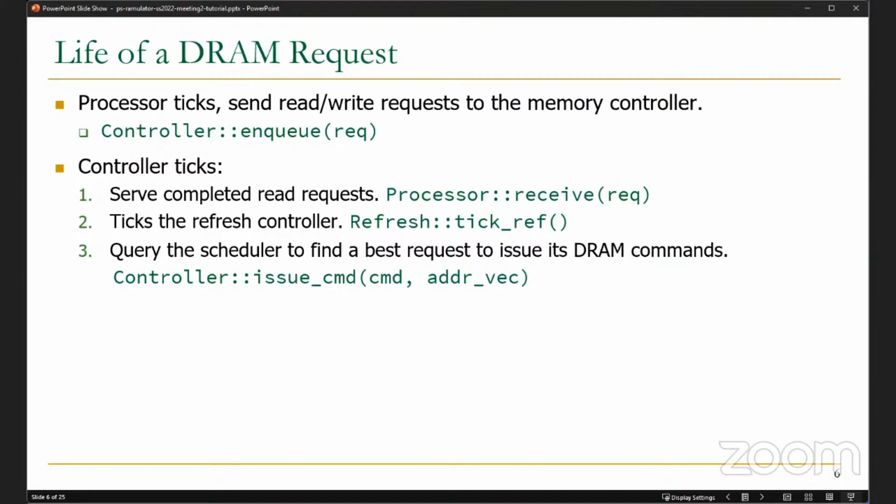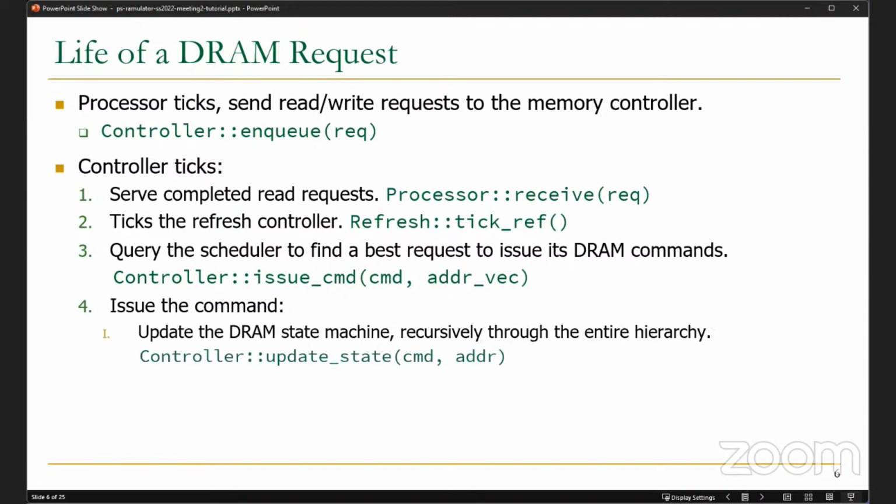And once the command has been picked by the scheduler, Ramulator calls the issue command function with the command and the corresponding address vector as parameters to actually traverse the hierarchy of the DRAM finite state machine.